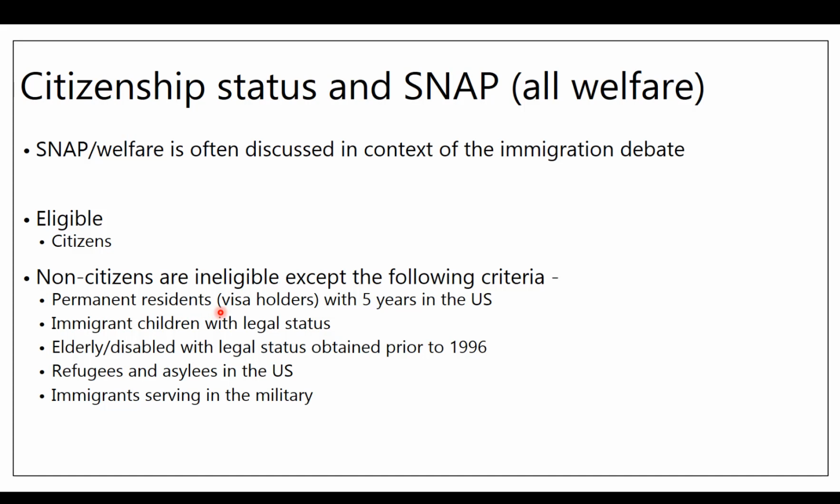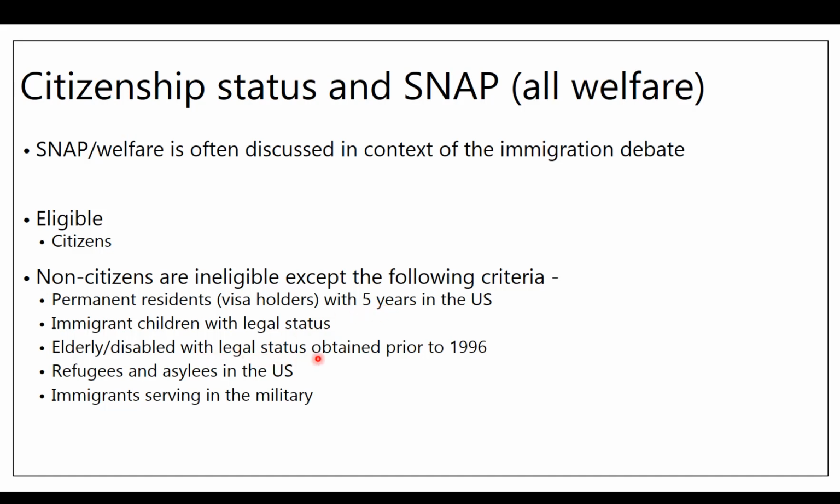Permanent residents, these are visa holders that do not have citizenship, but they have been in the U.S. for 5 years. That visa is a work visa that allows them to be here and working. And that's 5 years of paying into federal tax programs without being eligible. So that's the prior period you had to be paying in.